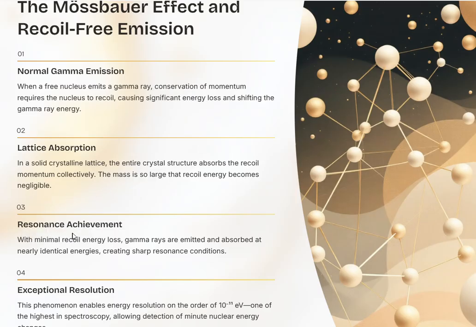Also, resonance achievement. With minimal recoil energy loss, gamma rays are emitted and absorbed at nearly identical energies. Also, exceptional resolution. The phenomenon enables energy resolutions in the order of 10 raised to minus 11 electron volt, one of the highest in spectroscopy, allowing detection of minute nuclear energy changes. So this is basically the principle of the Mossbauer effect and recoil free emission.